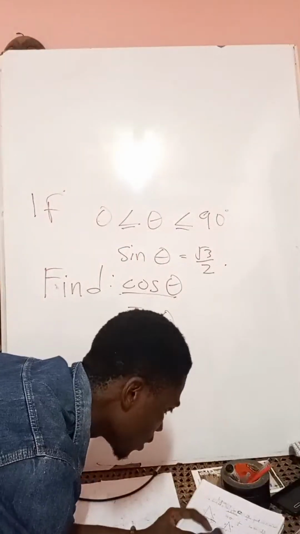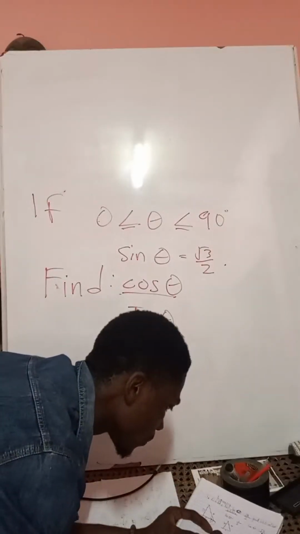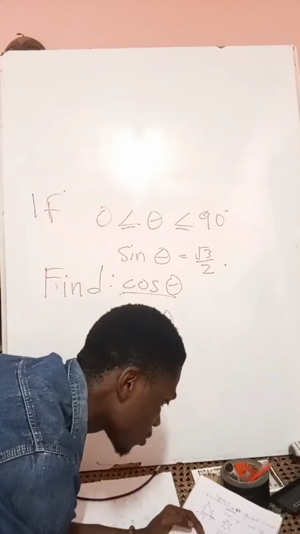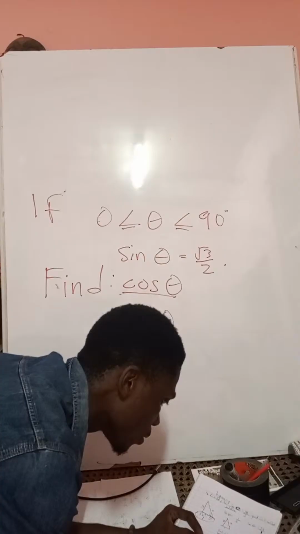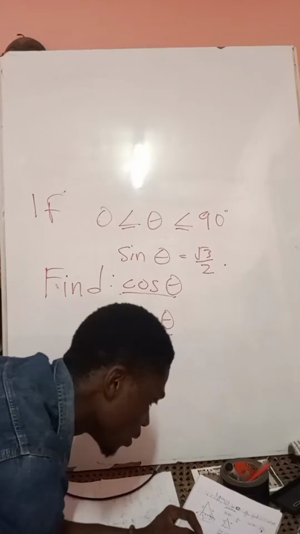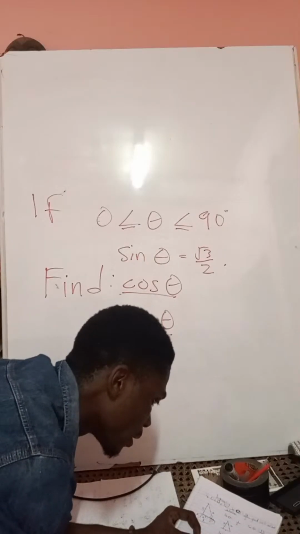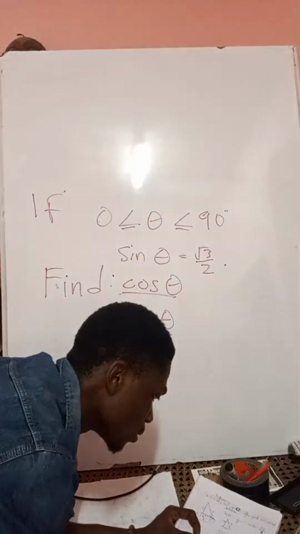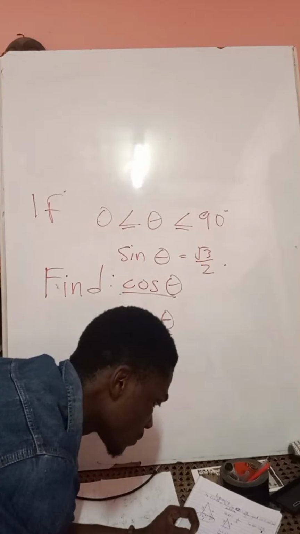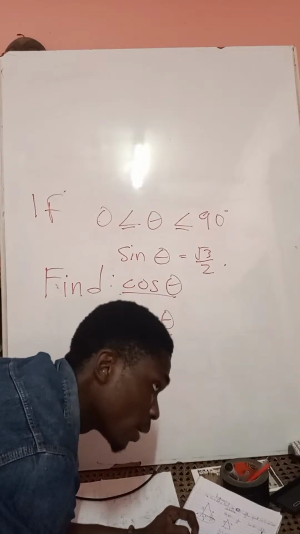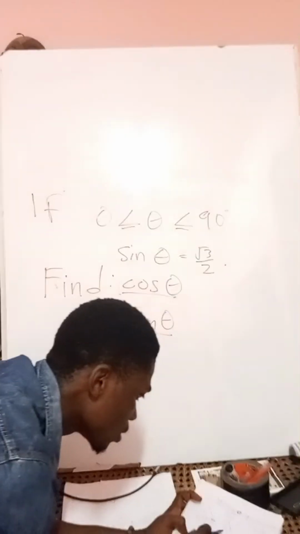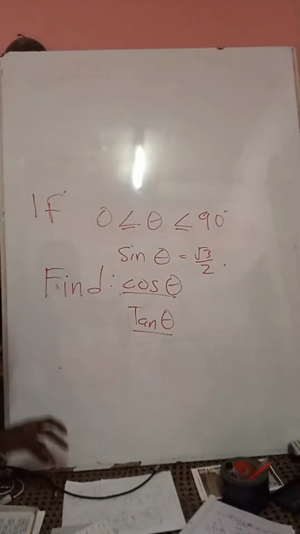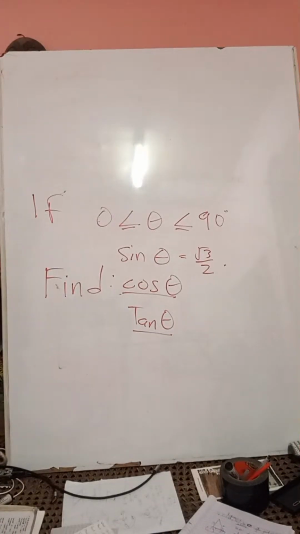So you have the hypotenuse to be 2 square, 2 square equals root 3 all square plus, you have 4 minus 3, right? You got 1. After getting 1, you use it to find this side. This is how to solve it.